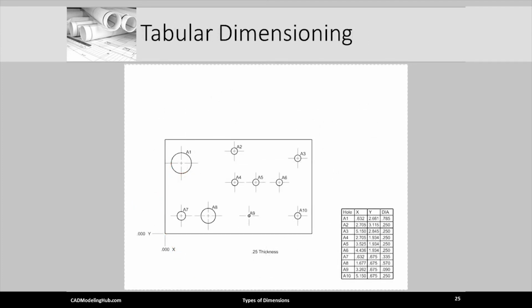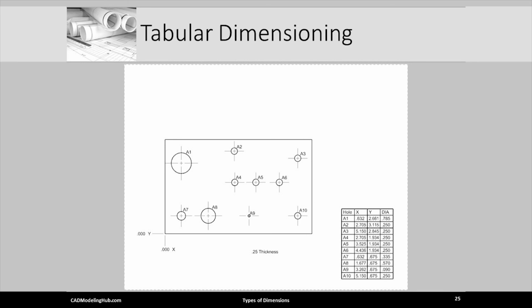Here we see a rectangular plate and a number of holes of varying sizes. It is dimensioned using a tabular dimensioning style. The view is annotated with labels, in this case A1 through A10. And a table is provided that locates each hole and specifies its size or dimension.